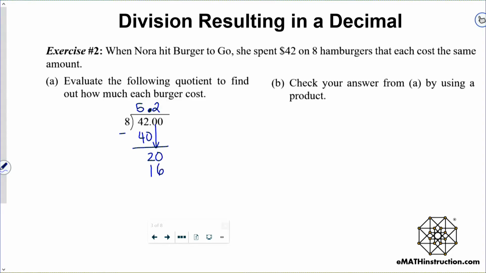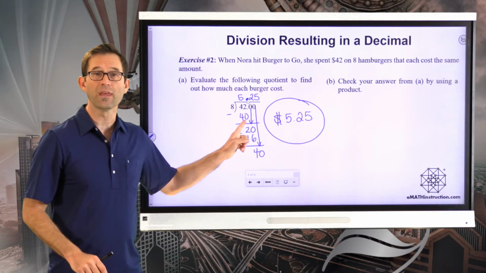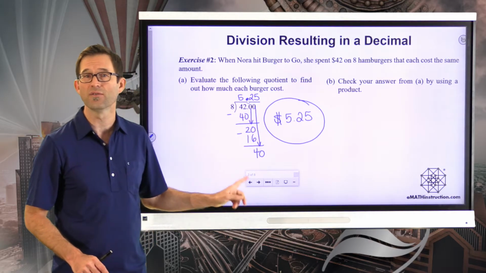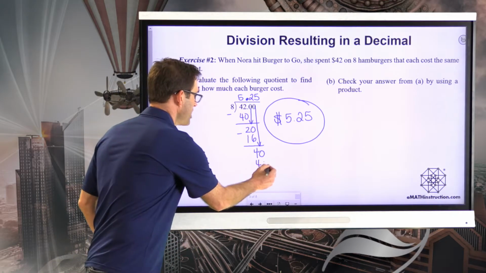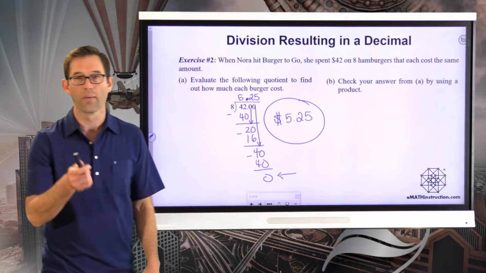That's going to give us 16. We do the subtraction again, get 4, drop another 0 down, and 8 goes into 40 5 times. So each hamburger costs $5.25. The great thing is we just have to keep track of where that decimal is and then add as many zeros as we need until we've got no remainder left. Sorry, I should have put that 40 there, subtract, and get that 0 remainder.